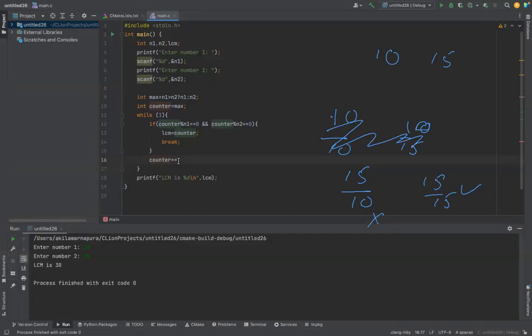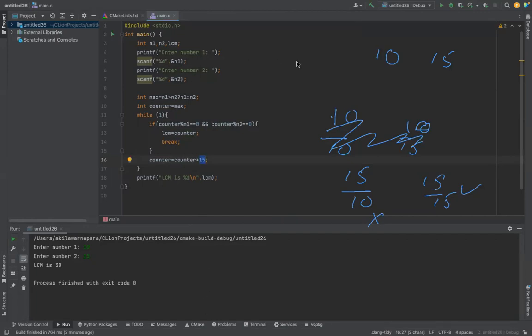Therefore, rather than incrementing one by one, you can increment by 15. That means the counter should be equal to counter plus 15 according to this example. Okay, how do we get this 15? Because you cannot hard code this value. How do we get the 15?